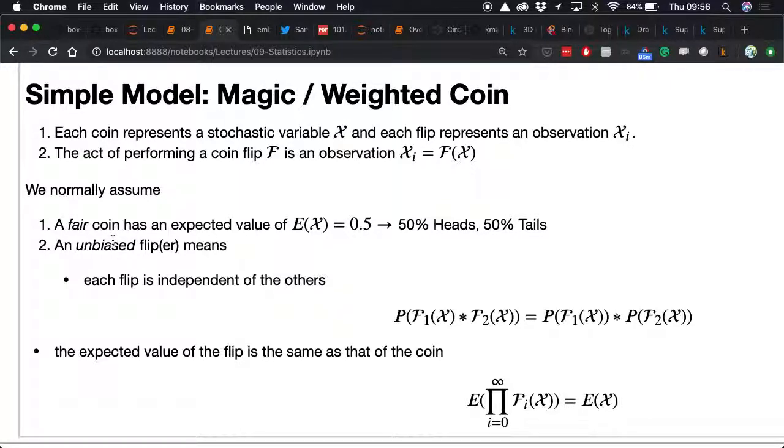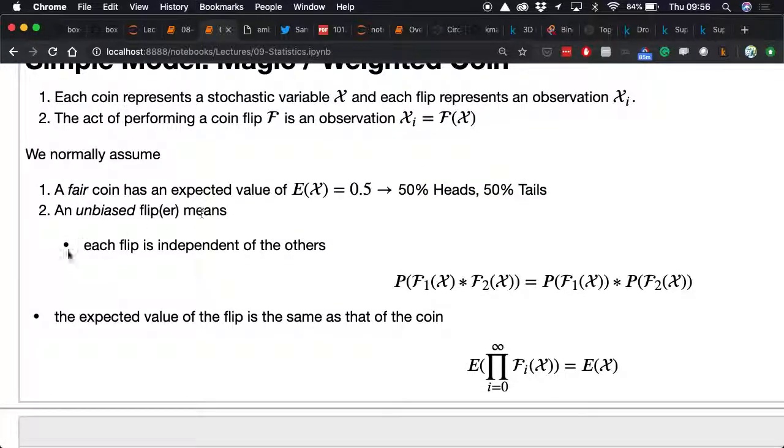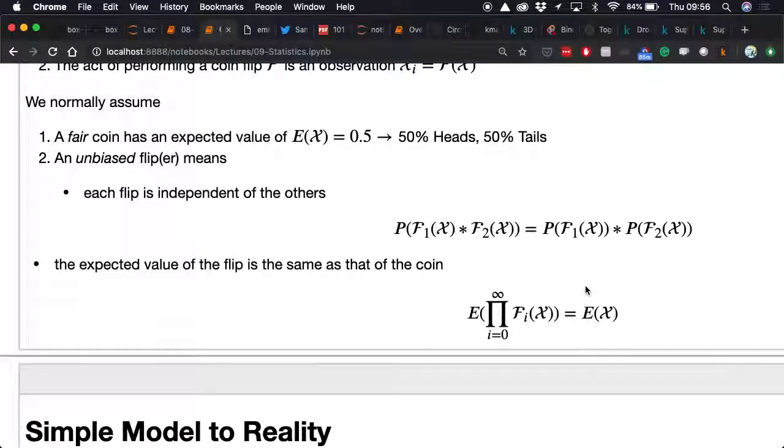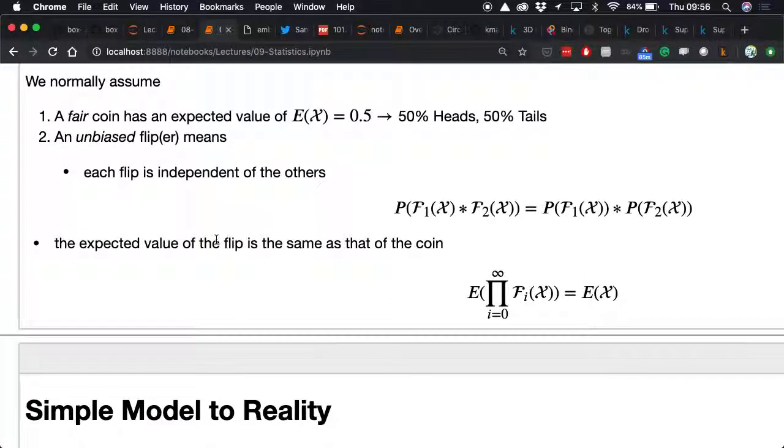Clearly, if your friend flips the coin in a very strange way, then that's not true, but each flip is independent of all the other ones. The fact you flipped 10 heads doesn't make it less likely or more likely that you'll flip a heads the next time. And each person who's performing the flip has more or less the same result. And finally, the expected value of the flip is the same as that of the coin.